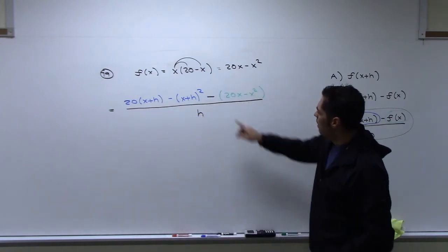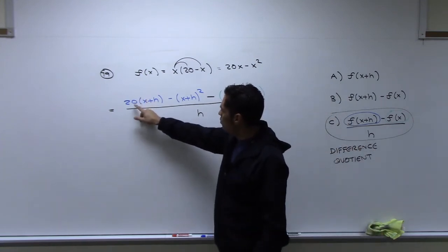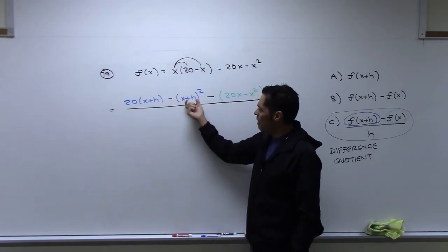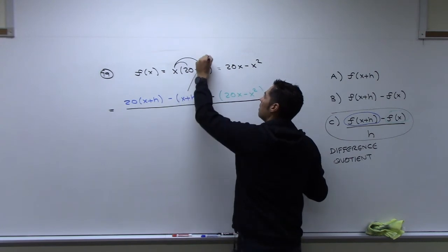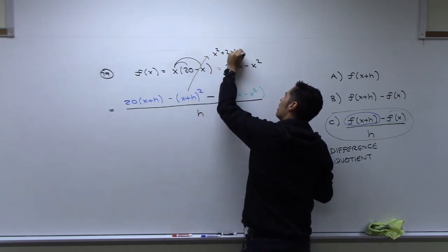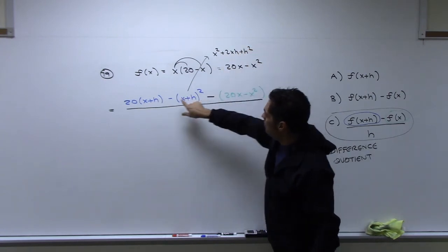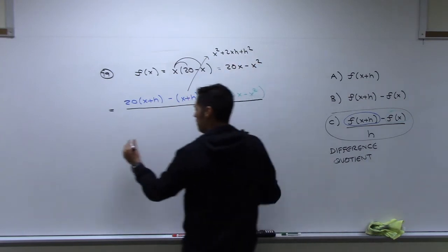All right, I should be able to pass this negative through without any issues. I should be able to pass the 20 through without any issues. Here I have a minus, and I've got to square that. Now I did that already on the previous problem. When we square that, we got x squared plus 2xh plus h squared. I'm not going to show that again because I already did that. So just remember that you have a minus in front of all of this, so I'm going to put it in parentheses.